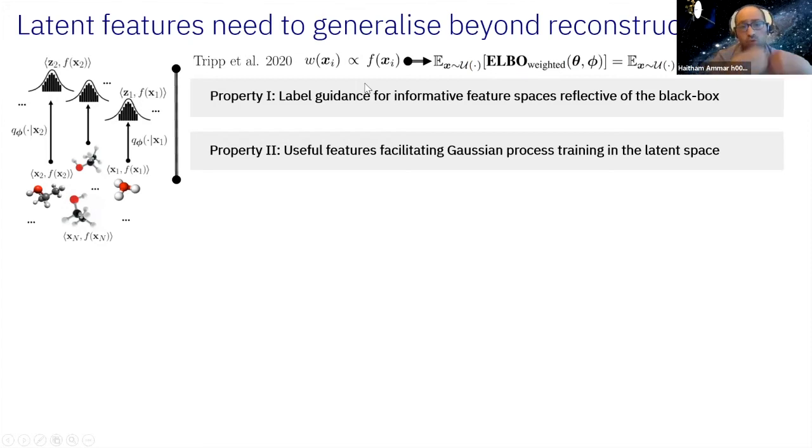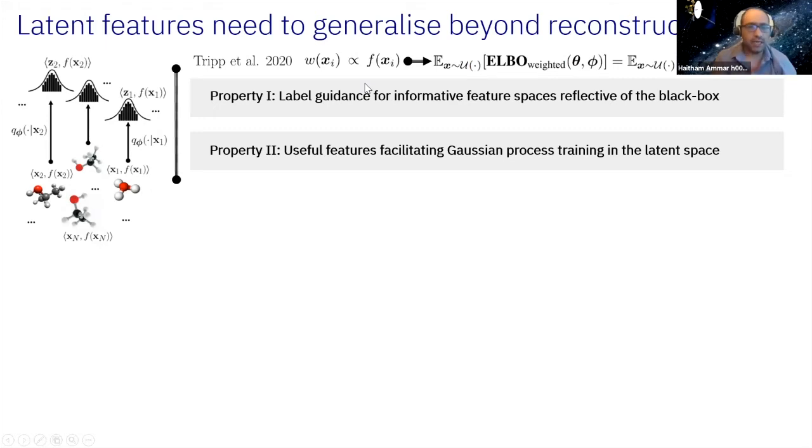So if my goal is to maximize the function value, the higher the weights, the more focused the ELBO will be on the reconstruction of those corresponding points. And those points are important because at the end, you would like to maximize your black box. So now you focus on them in order to get a space that can recover those really well, because we think that the optimum will be nearby.